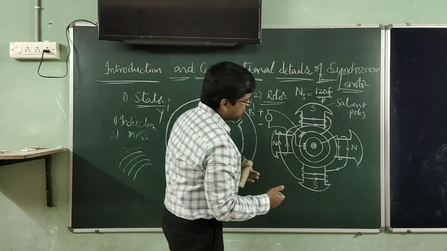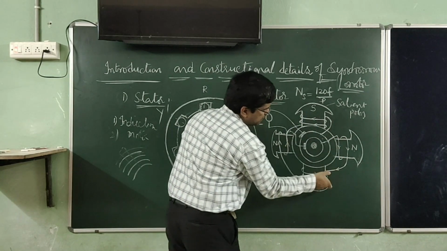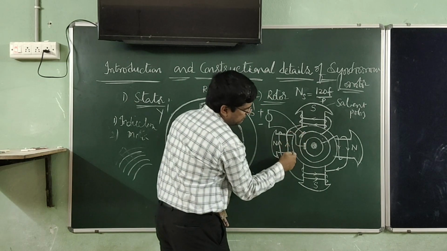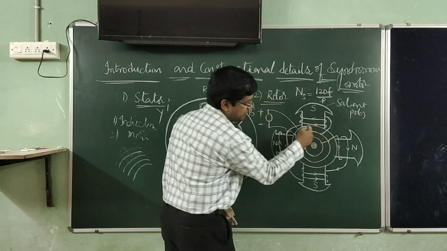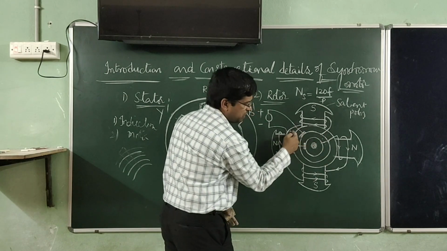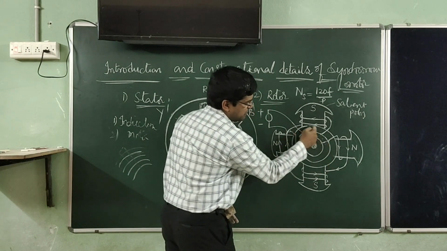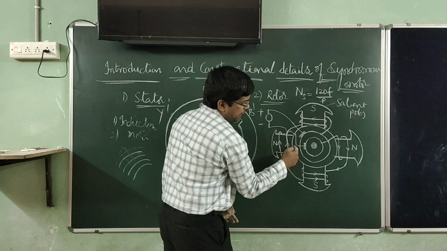Now these poles are fixed on a circular steel cylinder, which is also made of steel.